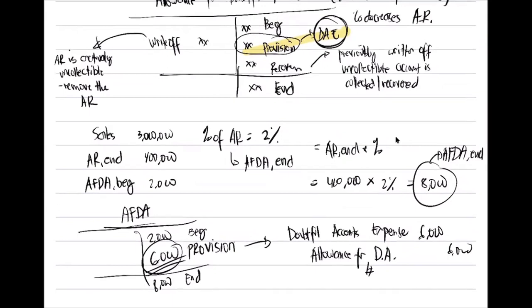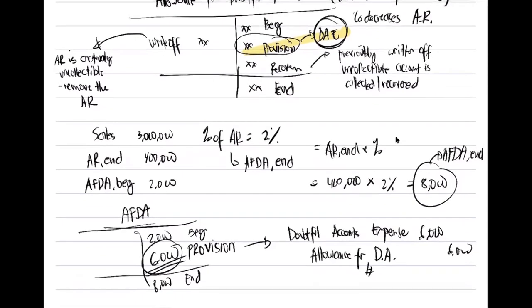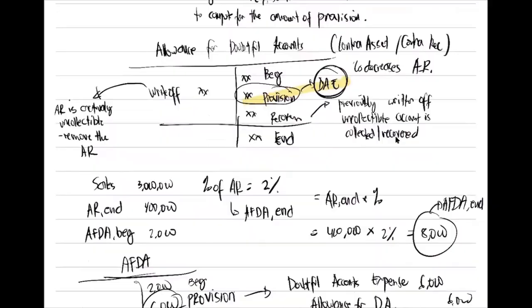Ang given lang naman ay beginning of 2,000. Tapos, sabi natin, kung ano mako-compute sa percentage of AR, yun yung ending of 8,000. So, kung kailangan mo ay 8,000, ang beginning ay 2,000, magkano yung provision mo? Ang difference ay 6,000. So, yun yung ating doubtful accounts expense. So, debit, doubtful accounts expense, and credit, allowance for doubtful accounts. Okay? That's for percentage of AR.